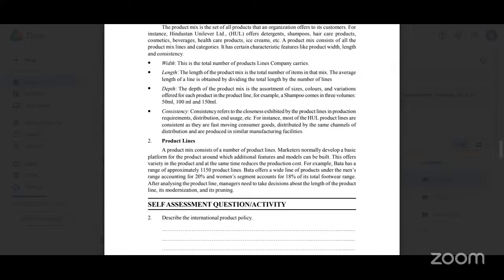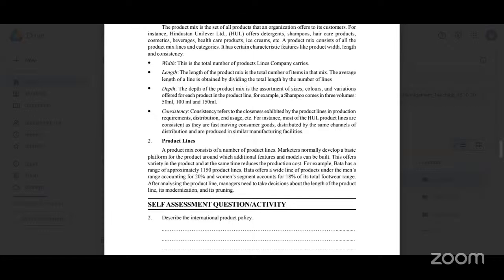If you are buying a shampoo from them, you are pretty sure that over a period of time, the shampoo will have the same consistency as last month or even the previous year, unless the company has deliberately changed the contents of the shampoo, and they have effectively communicated that to the consumers. So the consistency remains.